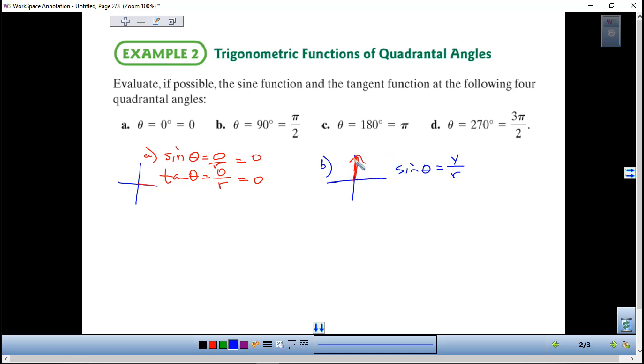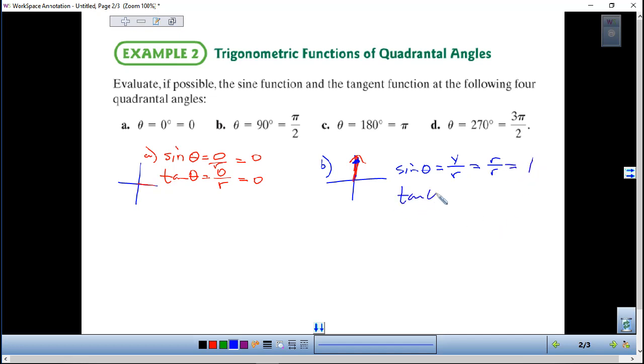So however far in the y direction we go for a point, let's say we go to that point right there, not only is that the y value, but it's also the r value. So we end up with r, whatever it might be, over r, which is going to be 1.